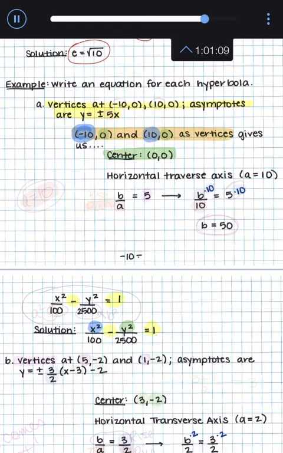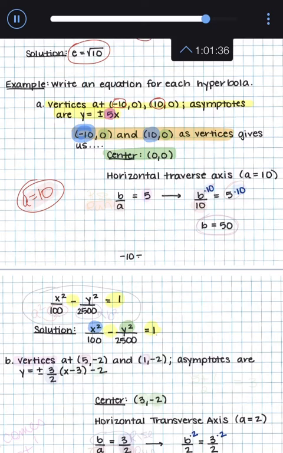Okay, well, if the vertices are at -10 and +10, that means the radius for the major axis, the a, is equal to 10. Let's also use our fact that we've got a 5 out in front as our slope.